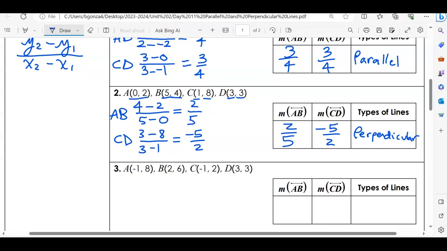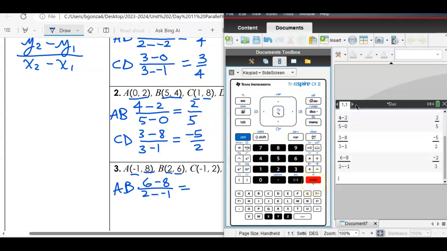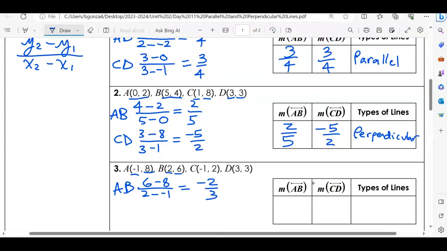AB. We'll do it quick. Ready? y2 minus y1, 6 minus 8. 2 minus negative 1 on the bottom. Control divide, 6 minus 8, 2 minus negative 1. I got negative 2 over 3.